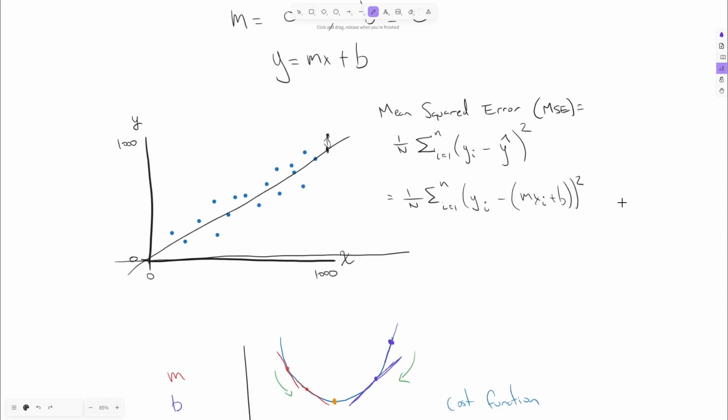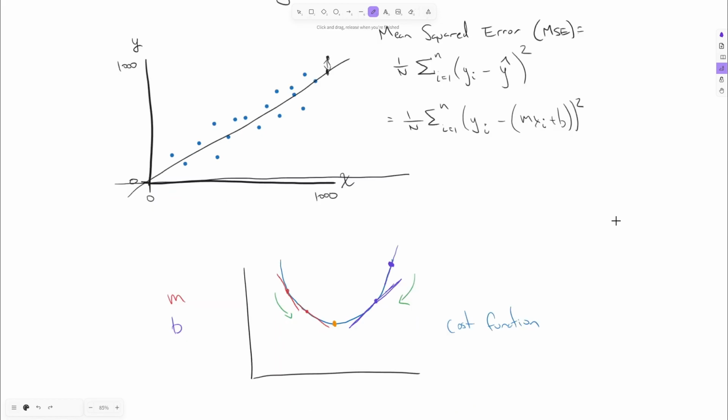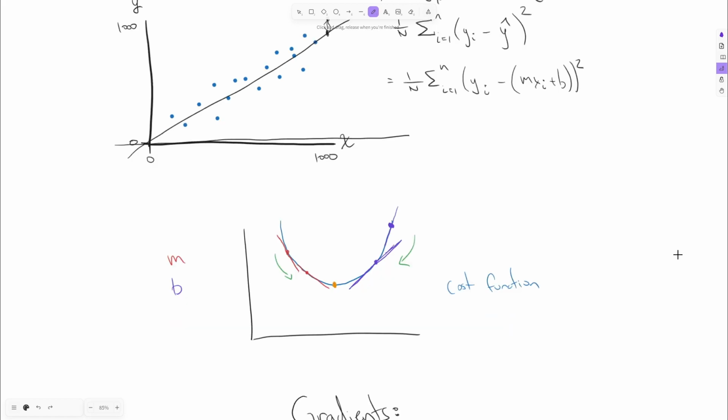So if we scroll down a little bit, we can actually see that this mean squared error function is quadratic, and so visually this will look like a parabola. And so in simple linear regression, the idea is we can take the derivative of this cost function with respect to m, the slope, and also with respect to b, the y-intercept or the bias.